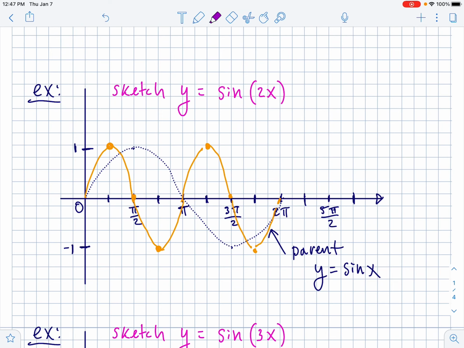One thing to notice is that between 0 and 2 pi you now see 2 full sine curves. So the period of this curve is going to be pi, because it repeats from 0 to pi. Every pi, it starts cycling again.